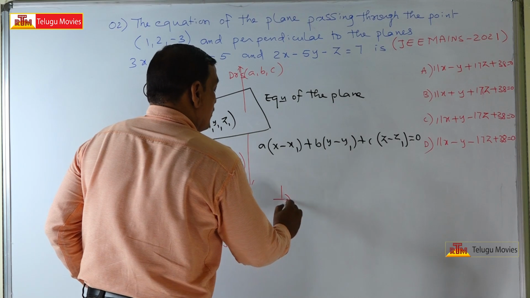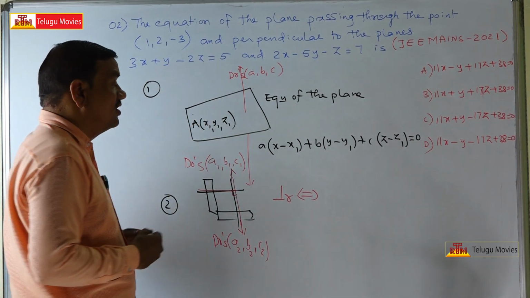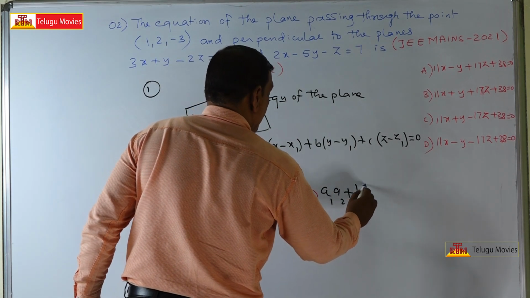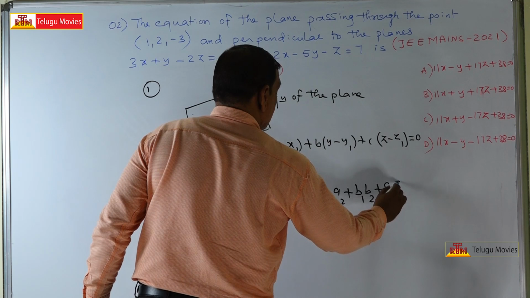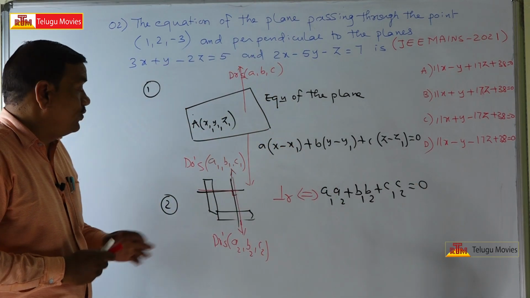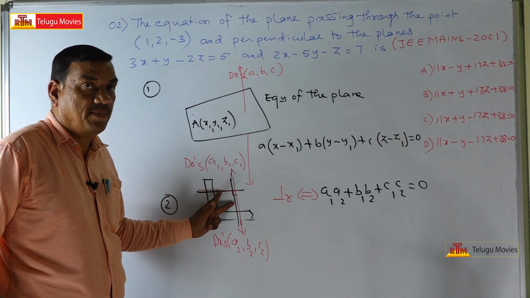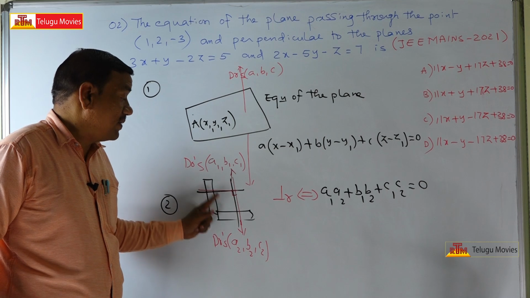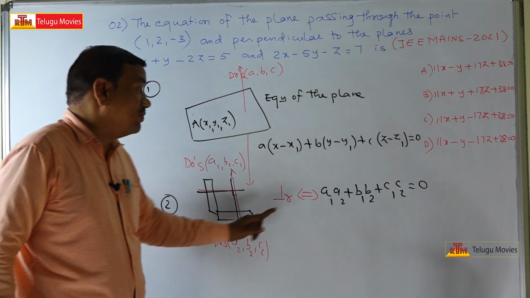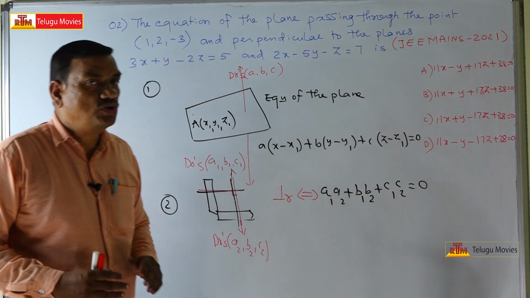So planes are perpendicular. The condition is a1 a2 plus b1 b2 plus c1 c2 is equal to 0. If two planes are perpendicular, that means their normals are perpendicular, then the product of the DRs, a1 a2 plus b1 b2 plus c1 c2, is equal to 0.